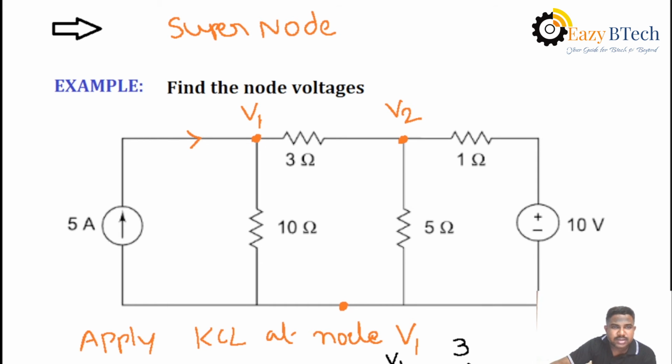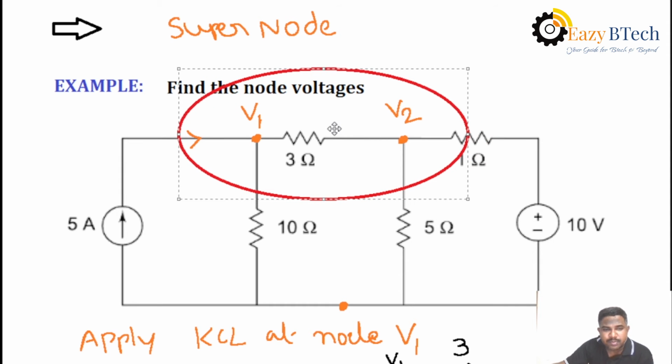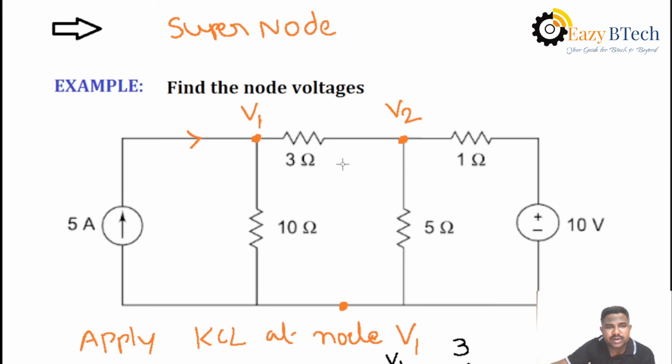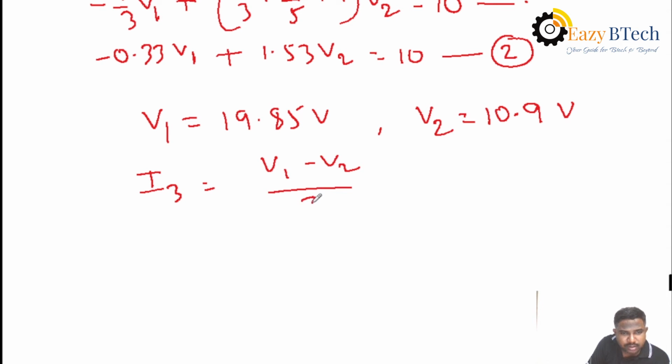Here in this problem, the V1 value is larger, that's why you can take the voltage across 3 ohms as V1 minus V2, divided by 3 ohms.